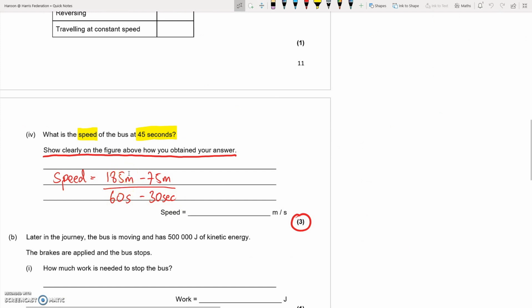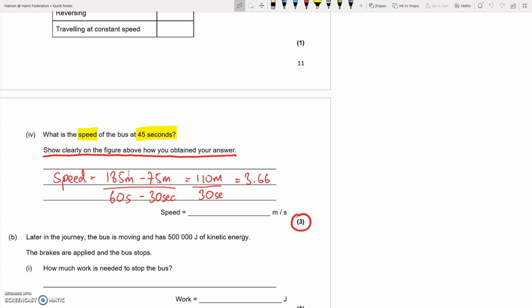So if I put that into my calculator, 185 minus 75 will give me 110 meters. And then 30 on the bottom, and 110 divided by 30 will give me 3.66 recurring.